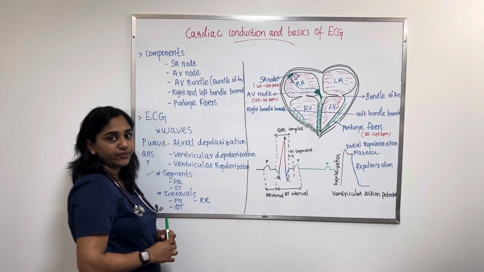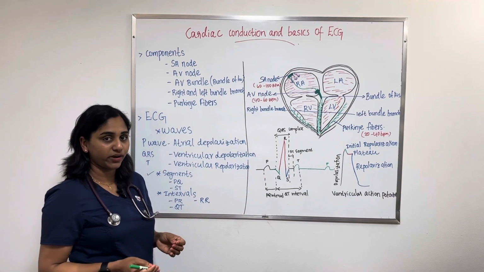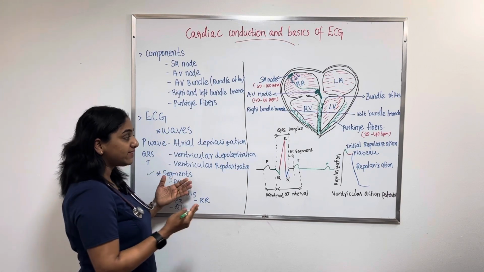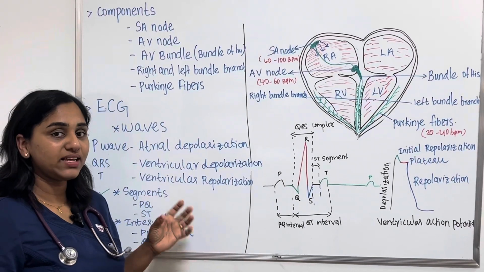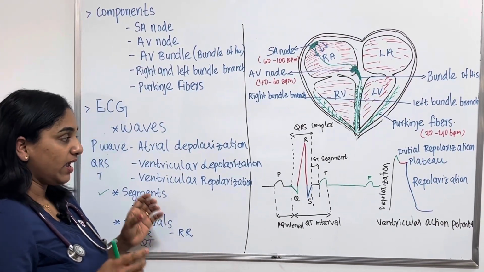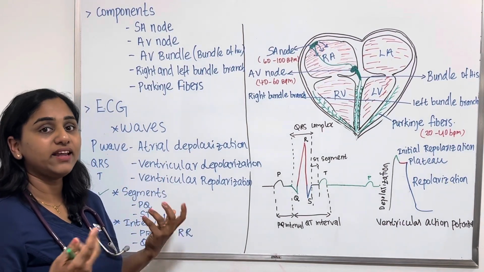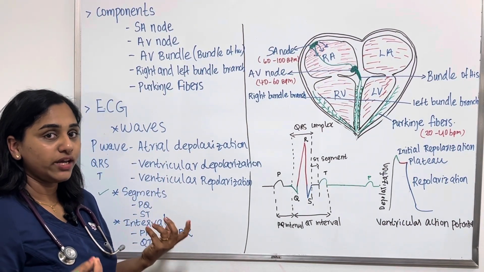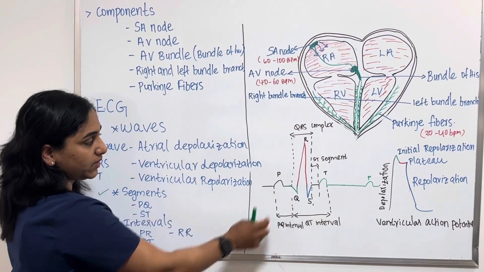About the P wave, it shows atrial depolarization. Okay, atrial depolarization means when the SA node fires the electrical impulse, both atria get depolarized. So it shows a wave that is called P wave.